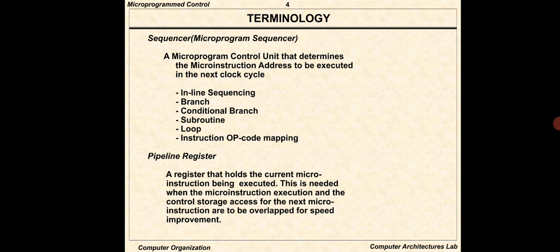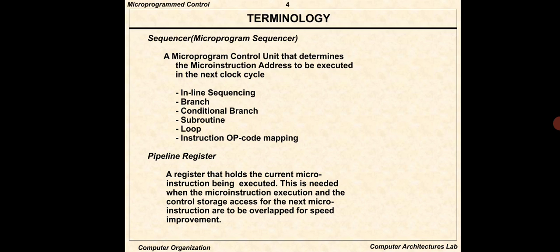Branch sequencing gives you an address saying the micro instruction is somewhere else. That is known as branch sequencing. The third one, conditional branch sequencing, is that if this condition gets satisfied, then only go to that particular address and execute that micro instruction, else execute the next instruction only. That is conditional branch sequencing.